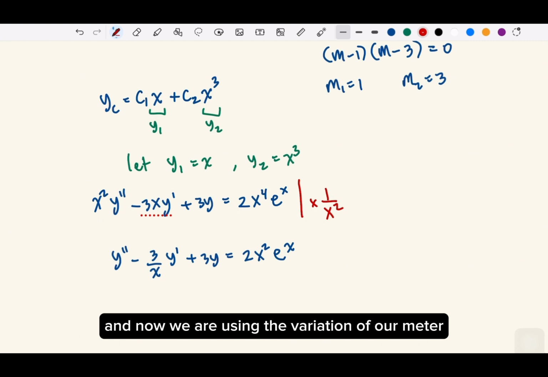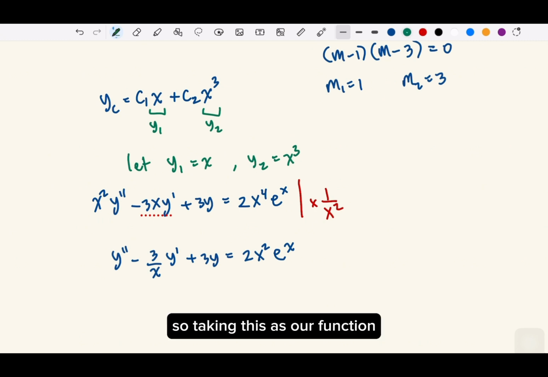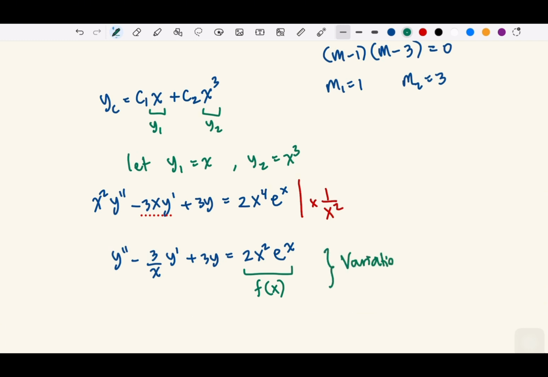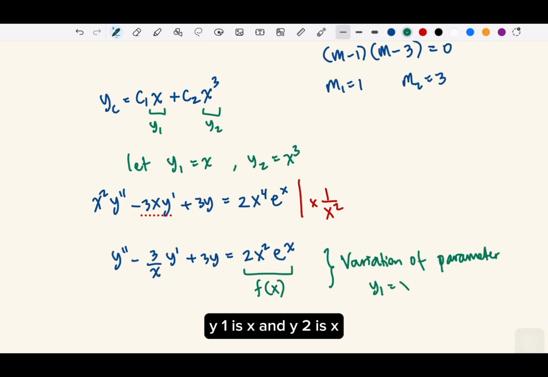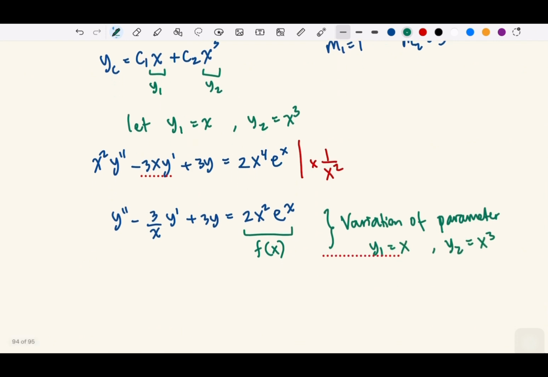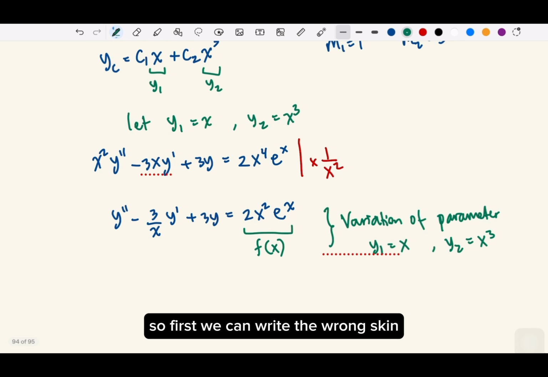And now we are using the variation of parameters, taking this as our function f. y1 is x and y2 is x cubed. So first we write the Wronskian.